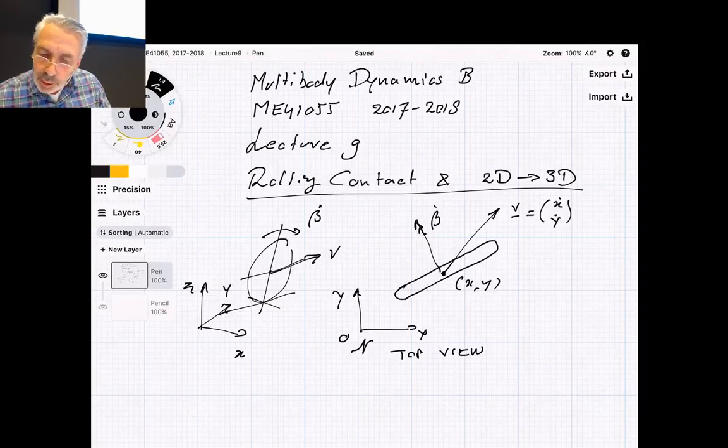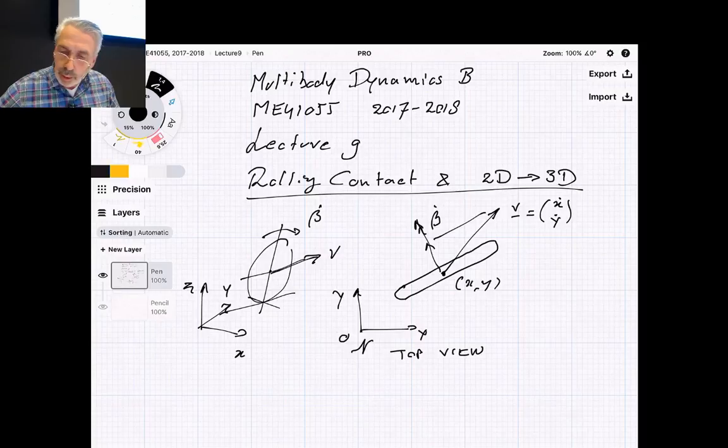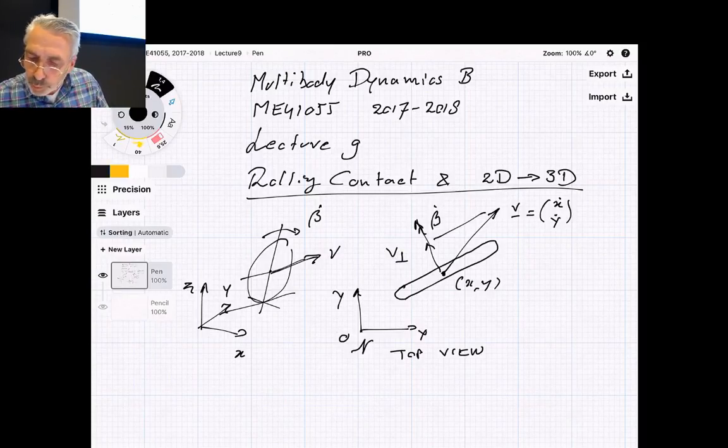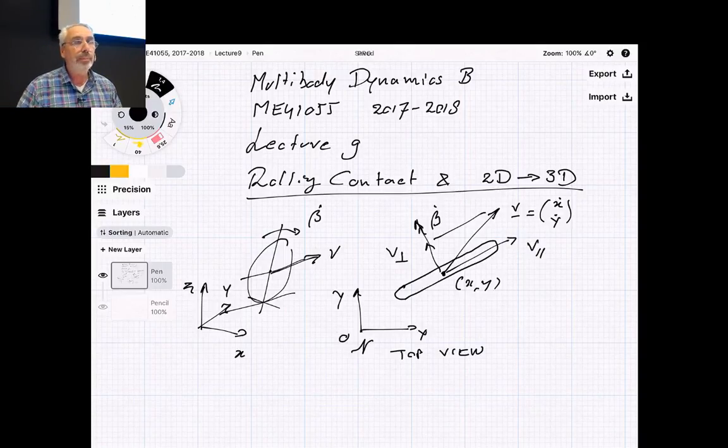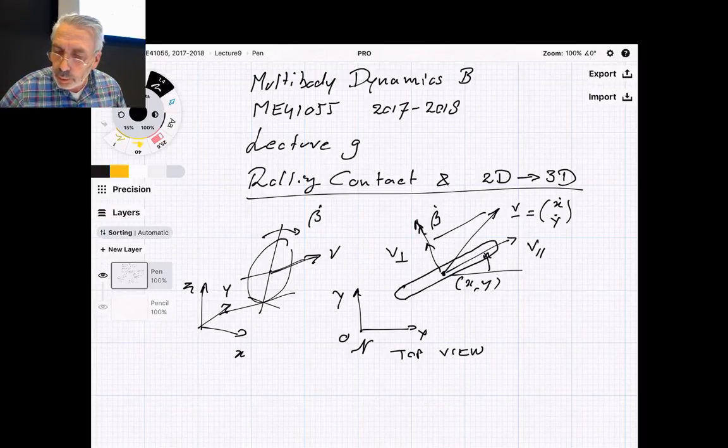Meaning that we have a lateral component, perpendicular to the wheel, and we have a forward component, v, in line with the wheel. Of course, the wheel makes some angle with the inertial frame, the angle theta, because this wheel is essentially just a rigid body which has a position and an orientation in this two-dimensional space.